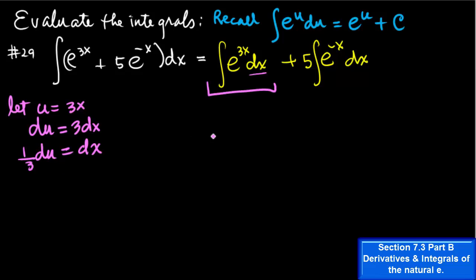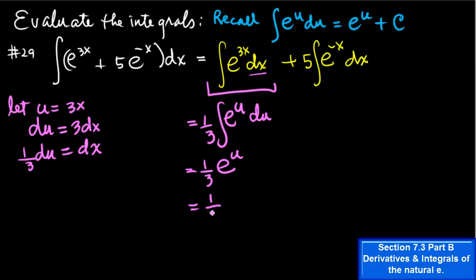Now you back substitute that. This is now 1/3, I just put the 1/3 and then du, integral of e to the u. That's just pulling out the 1/3. Remember your dx is 1/3 du, so I just pulled it out. So this becomes 1/3 e to the u, so it becomes 1/3 e to the 3x.